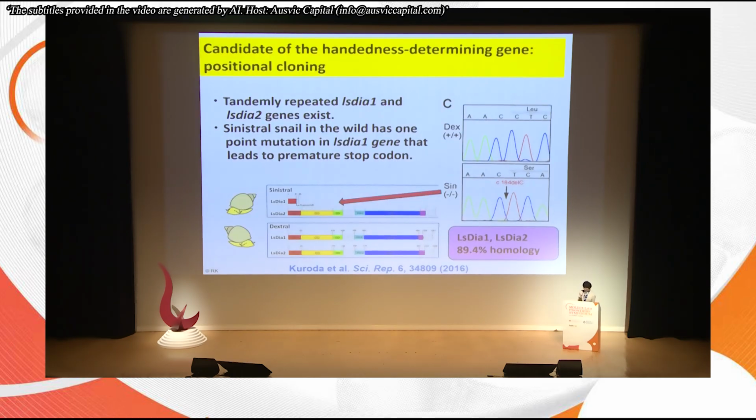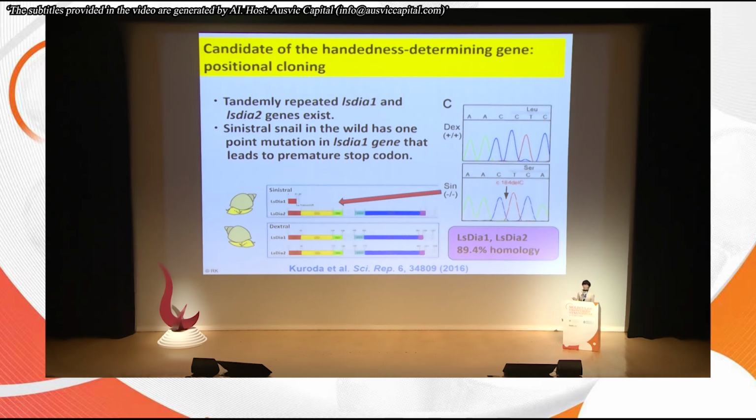What is the consequence? If that is missing, after a while it becomes a stop codon. So that protein is not produced. So the sinistral snail has only LSDIA2. On the other hand, dextral snails have both 1 and 2.